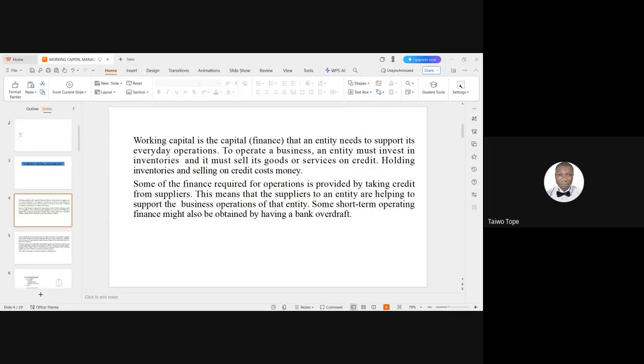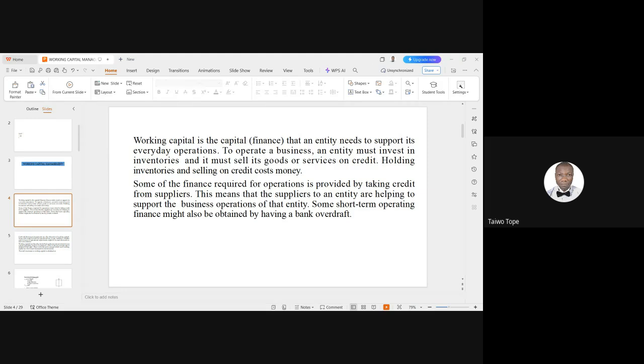So on your statement of financial position, that is your balance sheet, those items of current assets and current liabilities constitute items of working capital.